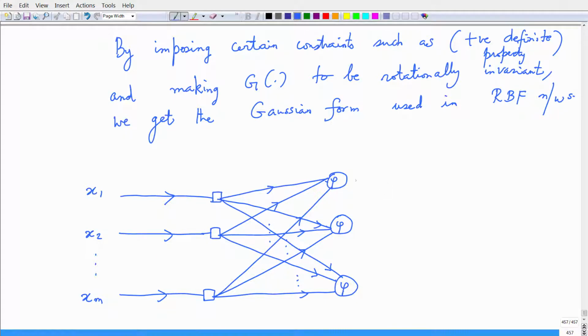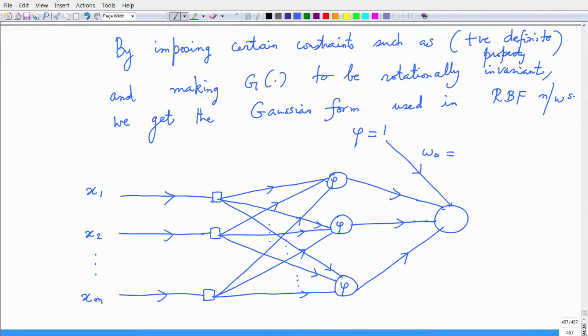Okay, and then at the output I combine all the outputs from the RBF units, and I can also bring in this bias, and that is my output unit.